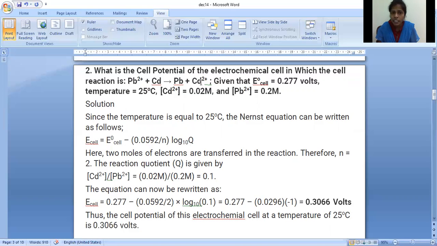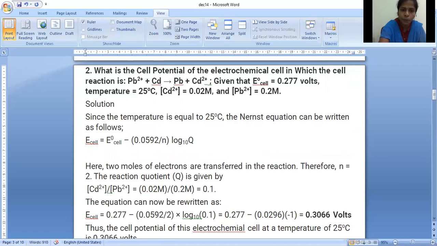But what is the reaction here? This is the reaction. What are the products here? Pb and Cd plus 2 are the products. Pb plus 2 and Cd are the reactants. So let us write the Q value here.